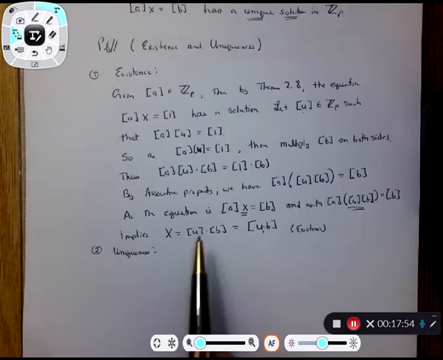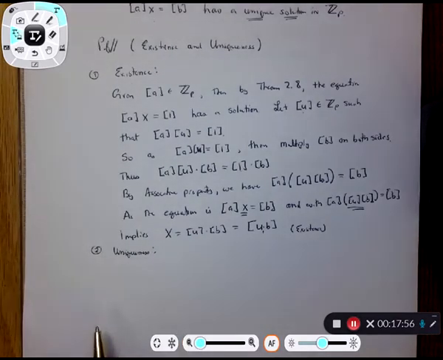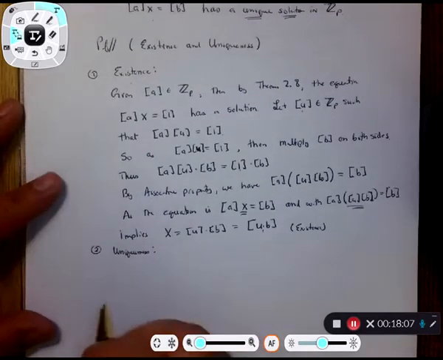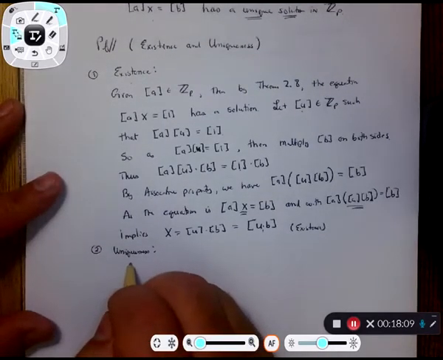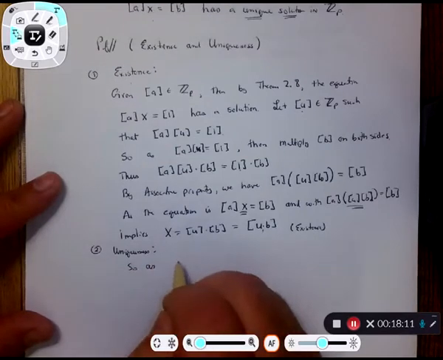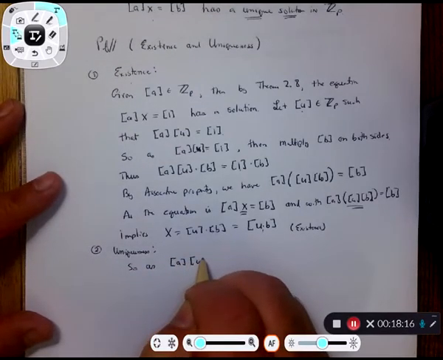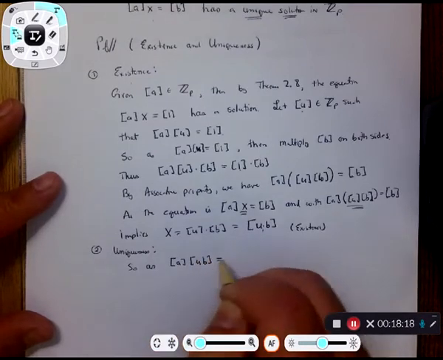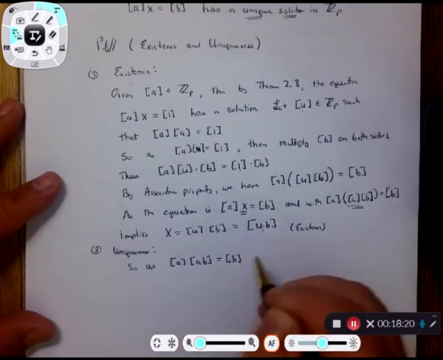So assume you have two solutions, and watch, they'll end up being equal to each other. So, equivalence class A times equivalence class U times B is equal to equivalence class B.